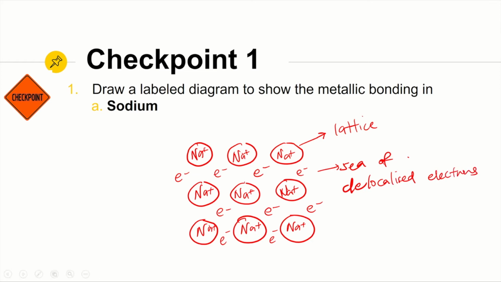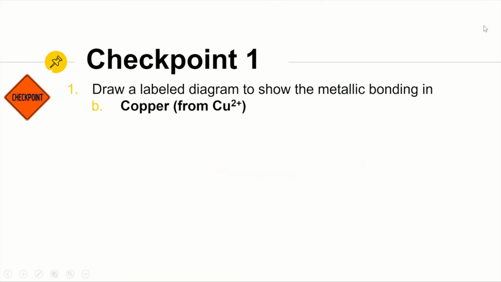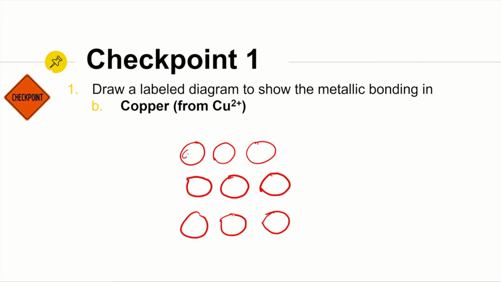Moving on, try the second one. Without looking at the answer, try drawing the second one, which is metallic bonding in copper. Copper tends to form a positive lattice of Cu2+. Each copper atom will form a Cu2+ ion, which means each atom will lose 2 valence electrons.